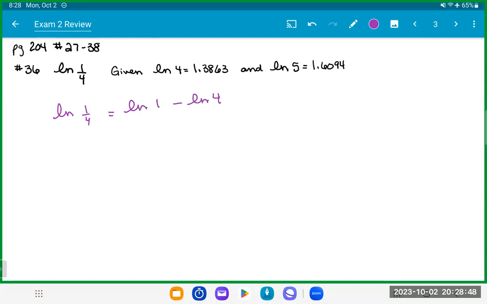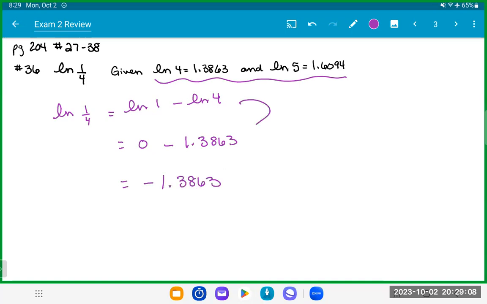This is the work you have to show, because this then tells me what ln of 4 and ln of 5 are. I know that ln of 1 is 0, so I could put 0 here minus the 1.3863. So I would see that this is negative 1.3863, and this is required work.